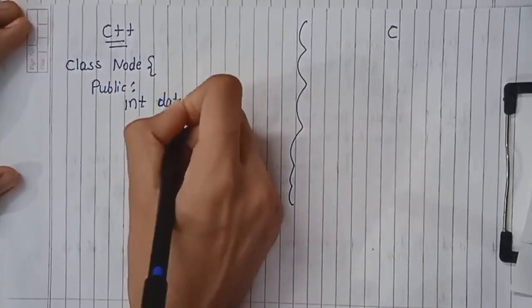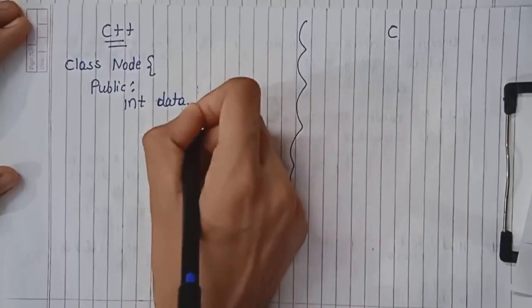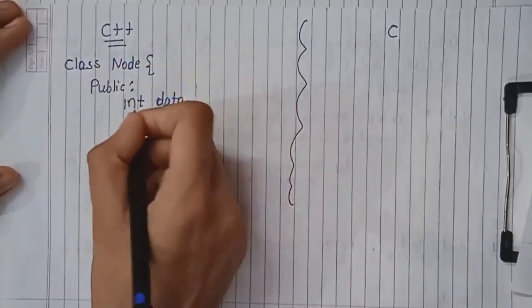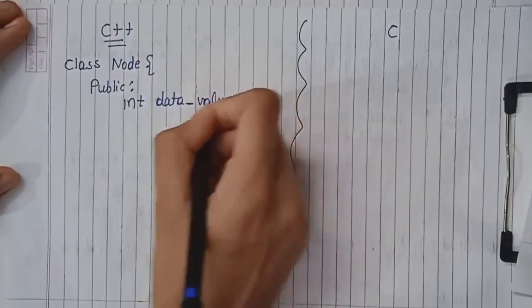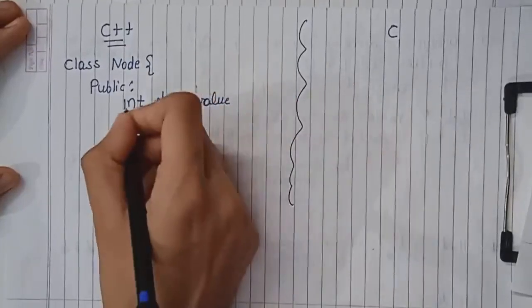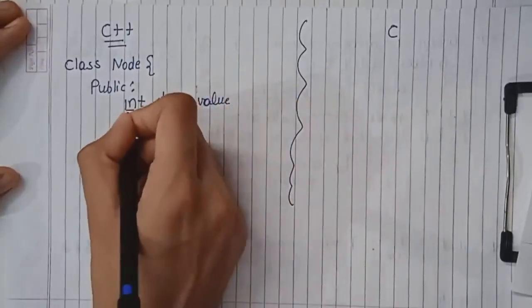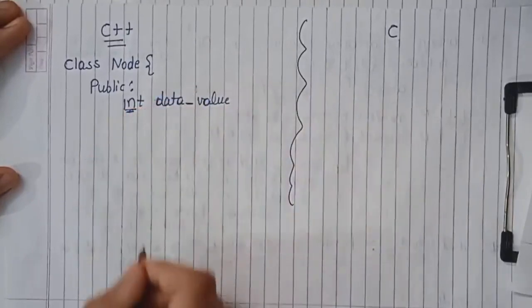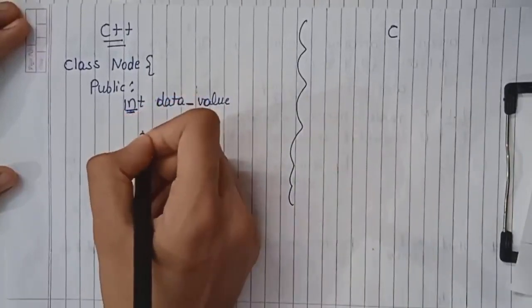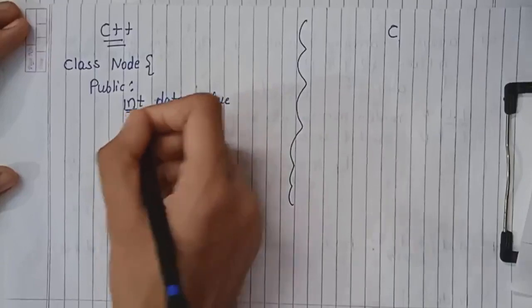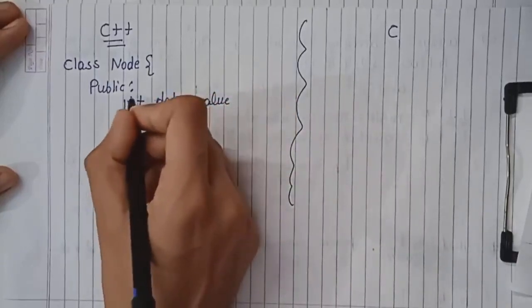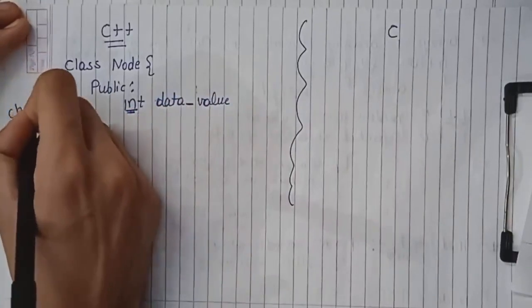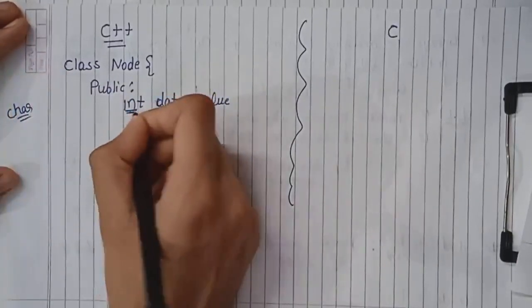The first value will be of type integer, because here I am making an integer type linked list. You can also make your linked list of character type, and to change the type you can change the variable type here. If you want to make a character type linked list, then you must write char in place of int.